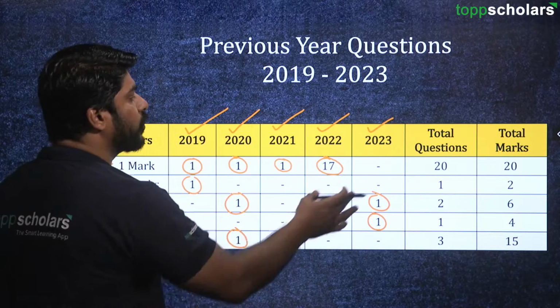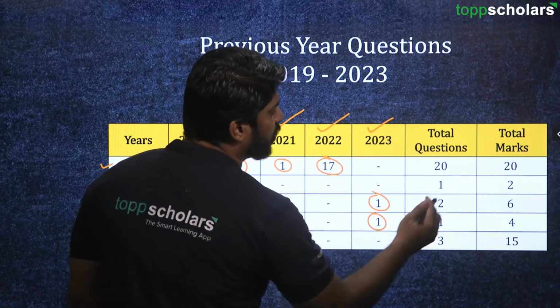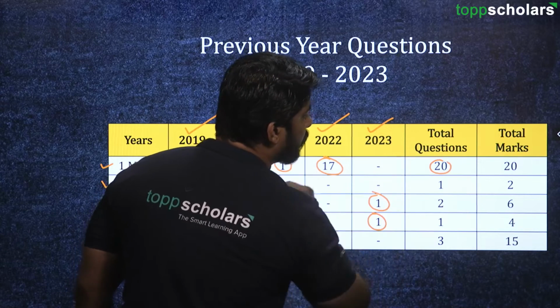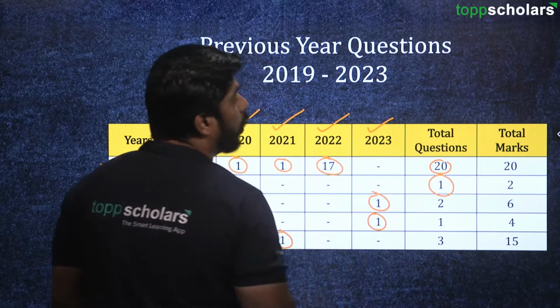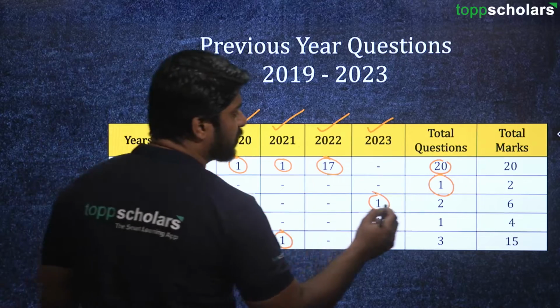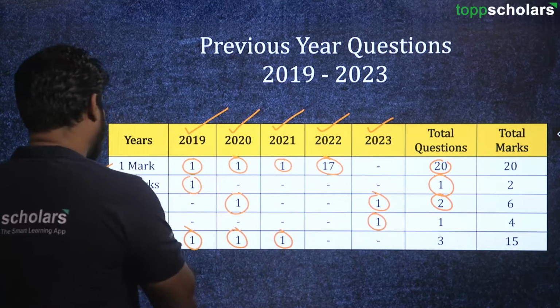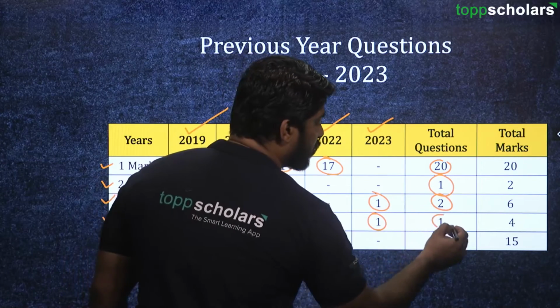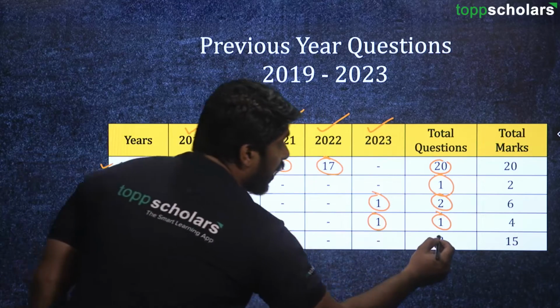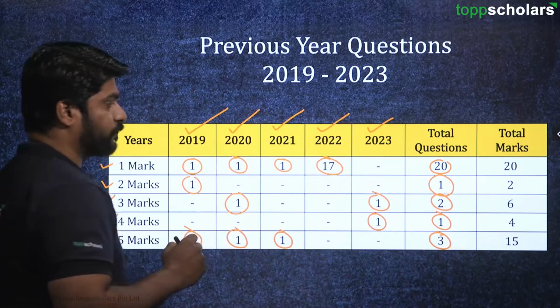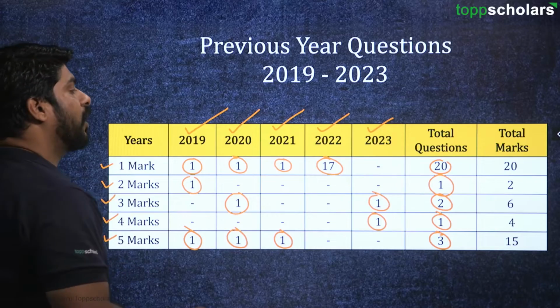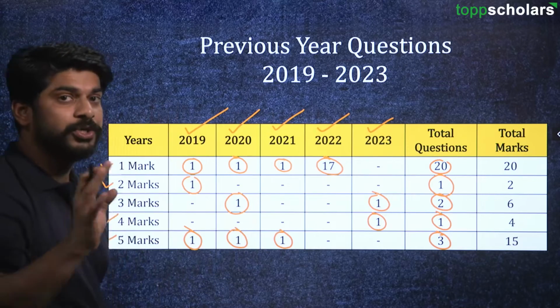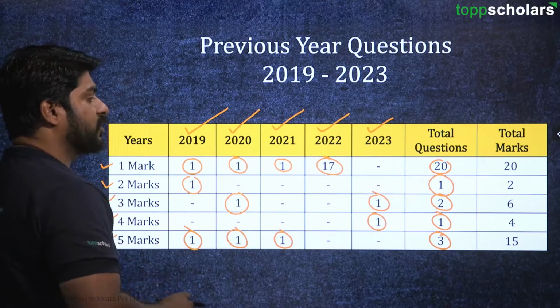In total, there are 21 questions for 1 mark, one question for 2 marks, 2 questions for 3 marks, one question for 4 marks, and 3 questions for 5 marks in the last 5 years of the board examinations, isn't it?